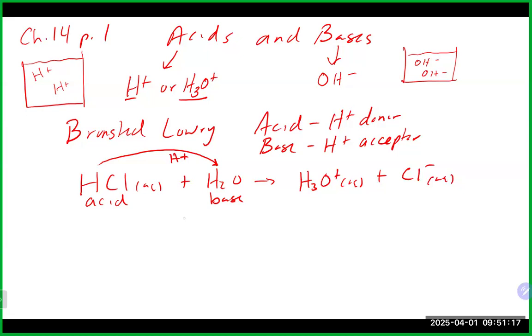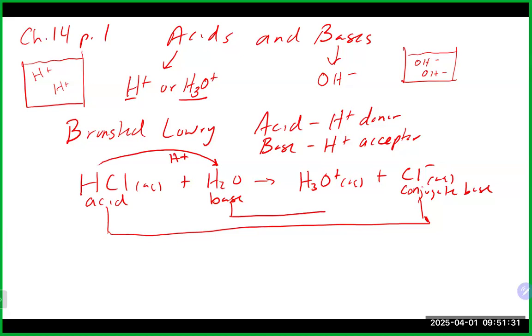In this case, the HCl on the left-hand side is related to the Cl minus on the right-hand side, and that is what's known as its conjugate base. The H2O and the H3O plus are related to each other, and that is what is known as its conjugate acid. So it creates these conjugate acid-base pairs on the other side of the arrow.